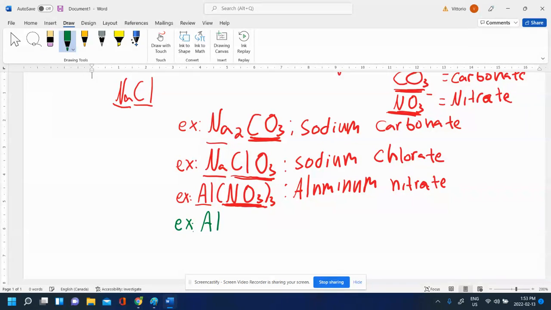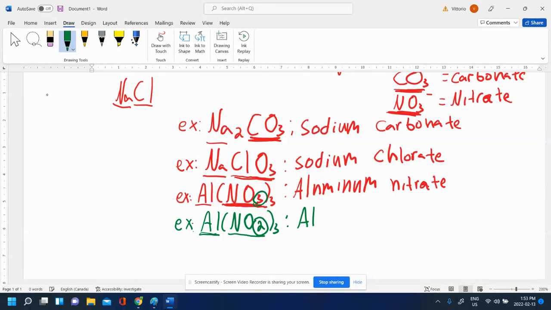So we'll do very similar to what we had above there. This is a ternary ionic compound because we have a metal and a polyatomic ion. But be careful here. This is NO2, not NO3. There's a difference there. Yes, there's a 3 on the outside, but that just means there's 3 of these. We're looking at what's on the inside of the bracket over here. That's what counts. So the NO2, what is that? If you look in your chart, you'll see it's actually nitrite.